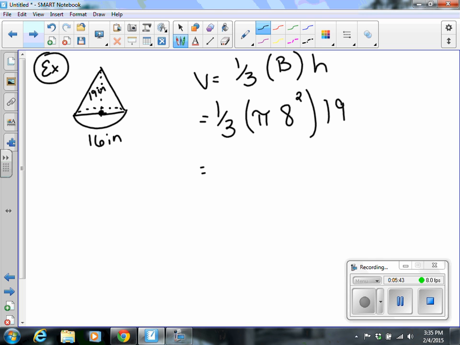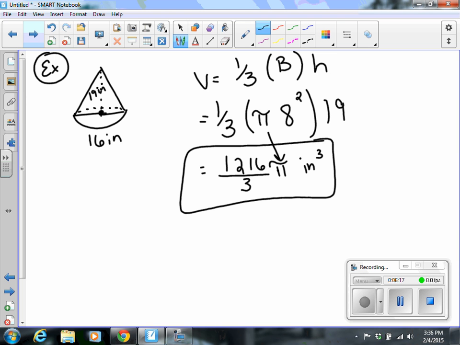In order to do that, I'm going to multiply all the numerators of my fractions, because technically 19 is over 1, right? And 8 squared is 64 over 1. That's still a fraction. So I'm going to multiply that, and I get 1,216 all over 3. But I can't forget I'm leaving this in terms of pi. And my label is inches cubed. Okay? Do not give me a decimal. I do not want a decimal.